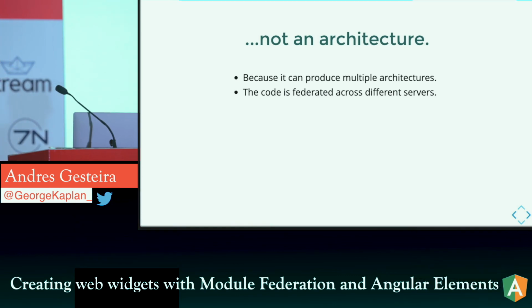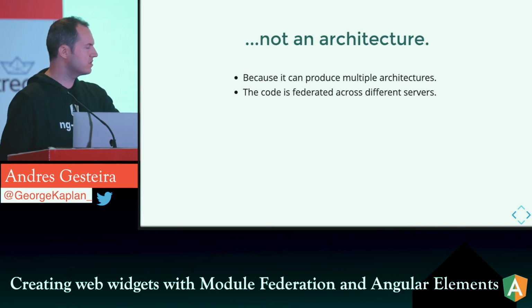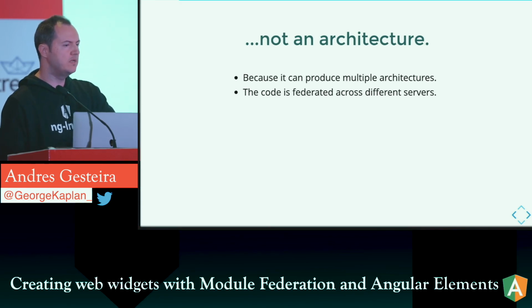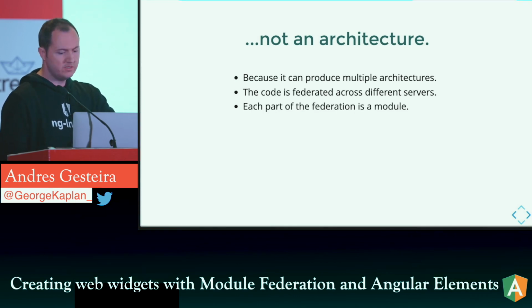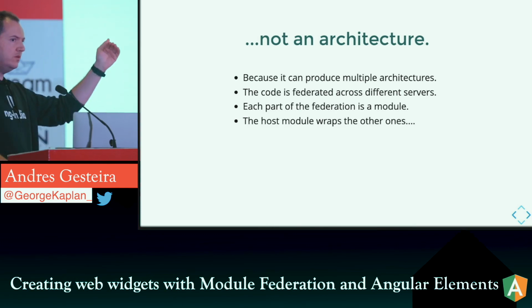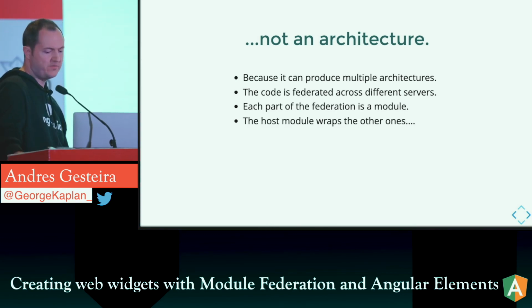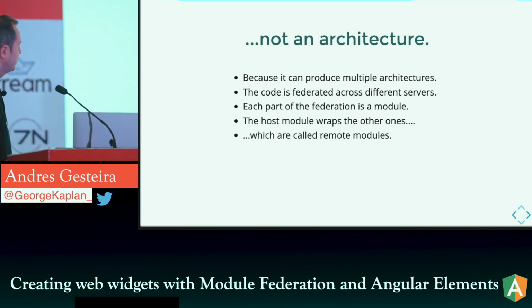So the code is federated across different servers. That's important because those modules are loaded at runtime. And each part of the federation is a module, right? But there is one host module on top of the rest, and the rest of them are the children, which are called the remote modules.